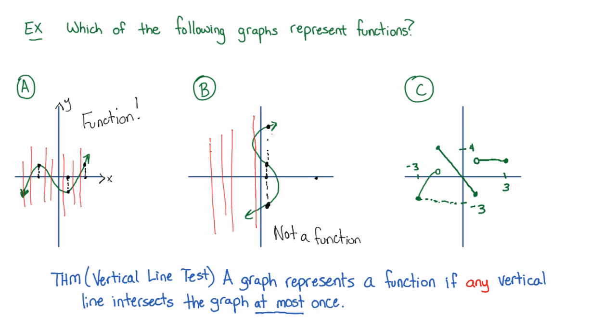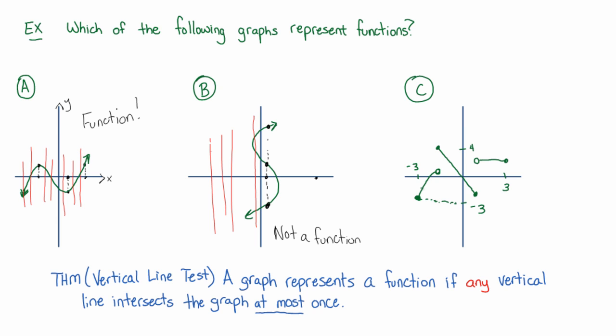The next example, example C here, if you start thinking about drawing vertical lines, some people might think, well, this won't pass the vertical line test because of this vertical line right here. However, there's something you should know about open holes and closed holes on a graph. If you have a closed circle on a graph, like this one right here, it means that that point exists on the graph. The open circle means that that point does not exist on that graph.